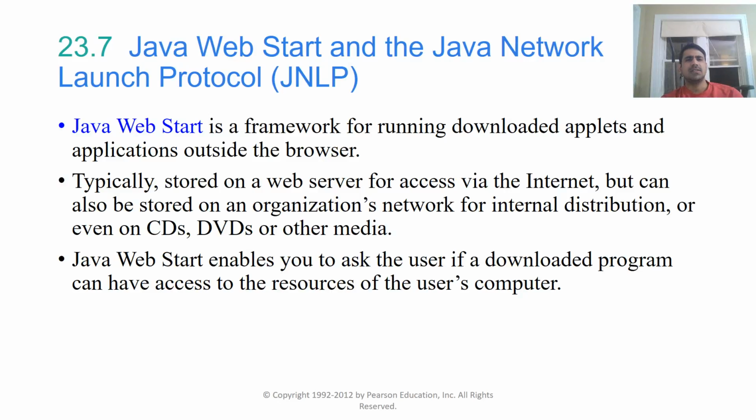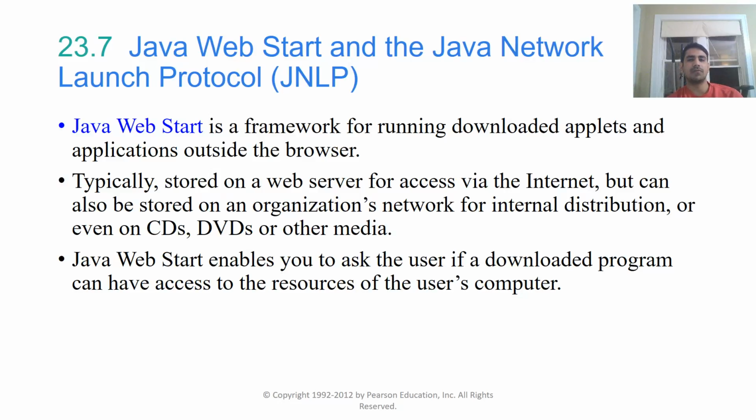And now this is Java Web Start and the Java Network Launch Protocol, JNLP. We can also say that Java Web Start is a framework for running downloaded applets and applications outside the browser. It allows us to download applets which can be run in a different web browser such as Google Chrome.